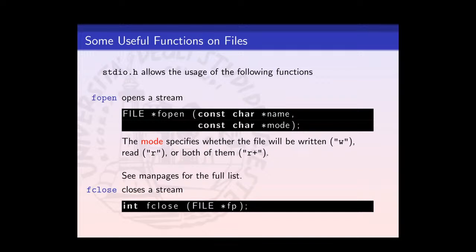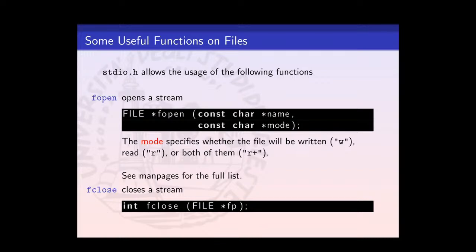There are many more modalities, but I don't want to discuss them in detail. For instance, you can open a file and append data at the end, and so on. You may have a look at the man page of the fopen function. By the way, once you have installed everything concerning the compilation, you have also installed the man pages concerning the C programming language.